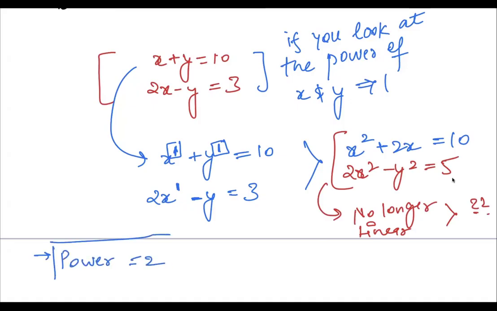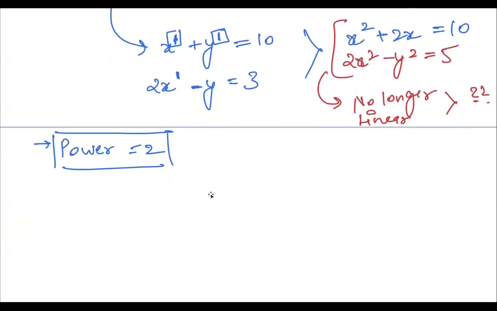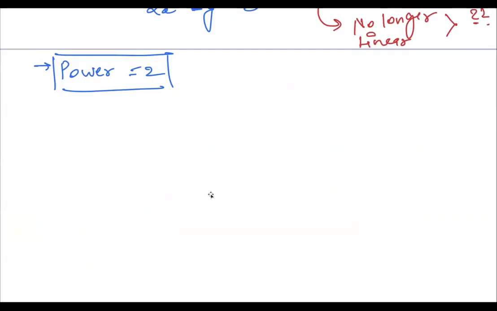So always remember the power. We call this a linear equation because the power is 1. That's a very good question, and please feel free to ask any such questions, even if it's the basics, or if you do not understand.